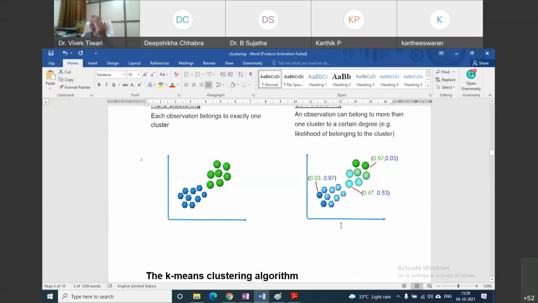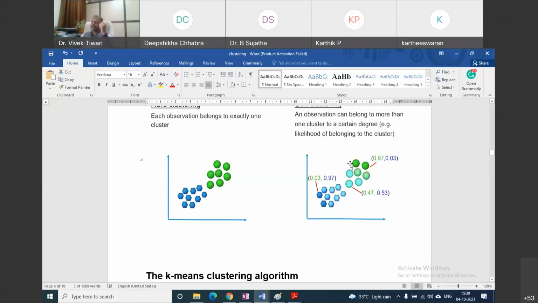In soft clustering, what happens is we start playing with the probability. Look at the border point. Suppose there are two clusters. What is the probability of that data point to be a part of the green color cluster? It is 97% probability, and there is a 3% probability of being part of the blue color cluster.